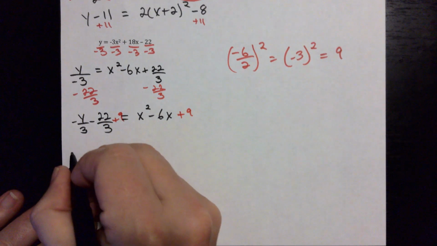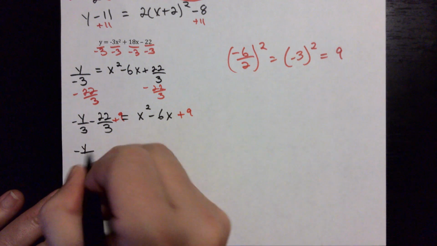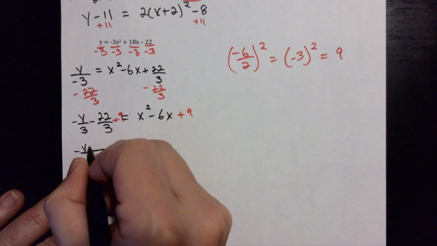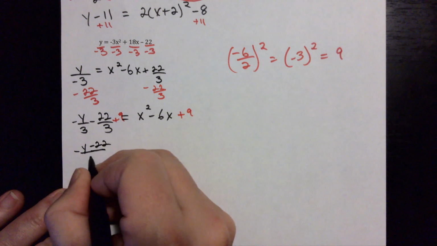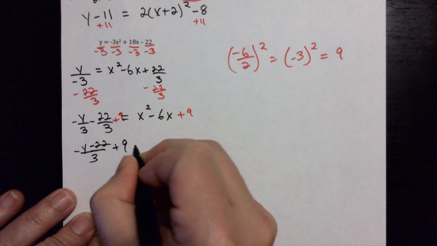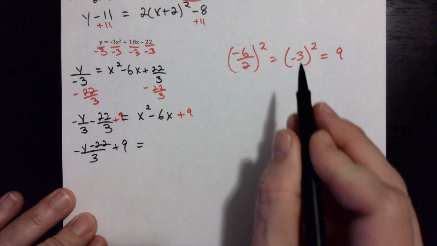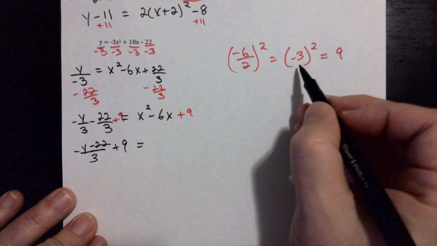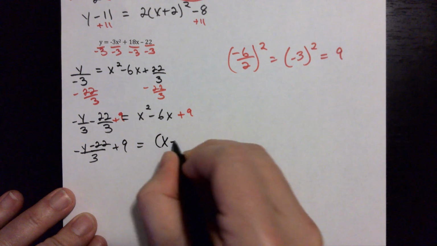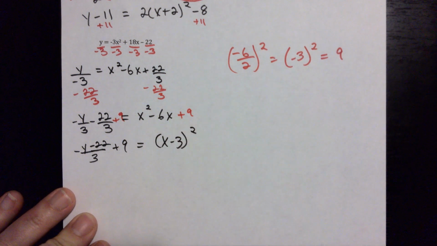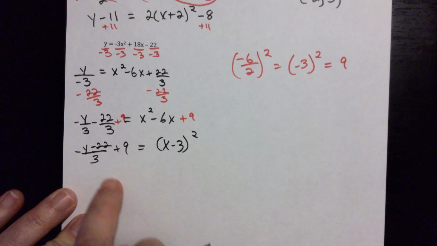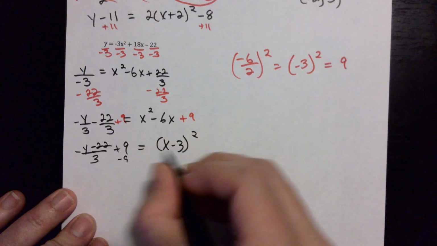Okay, so that'll give me a negative y over, well, let's just go ahead and combine those two. Negative y minus 22 over 3 plus 9 equals, what does this turn into factored? It'll turn into x minus this number, or x plus this number, actually. So x minus 3. So x minus 3 squared. Okay. And then we can move the 9 over by subtracting.